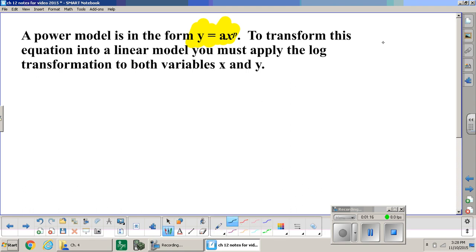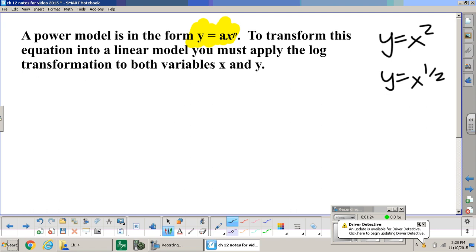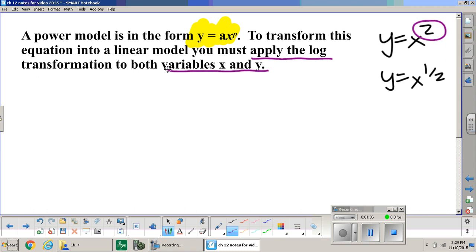Y equals like x squared, y equals x to the 1/2. It doesn't matter what the number is, just the fact that the exponent is a number, that's what a power function is. All right, so it says that we're going to apply the log to both x and y.